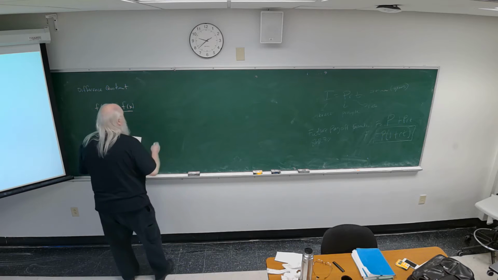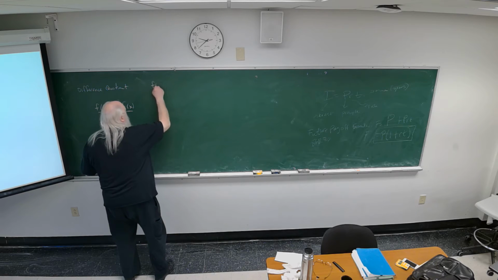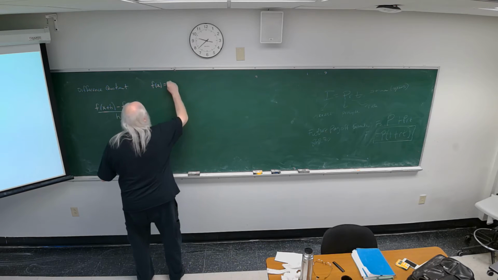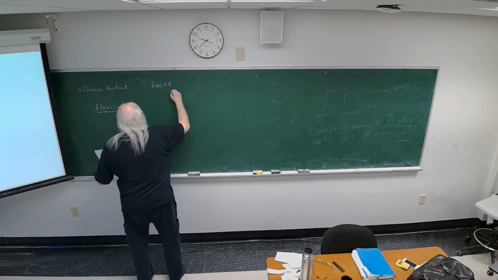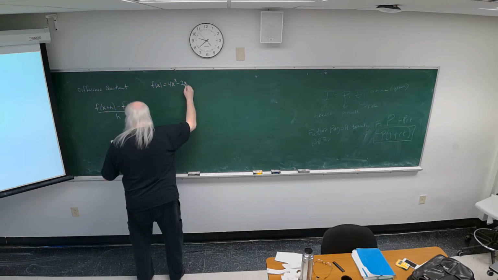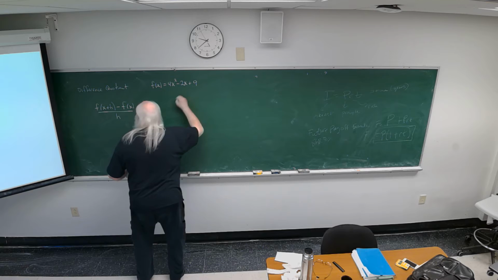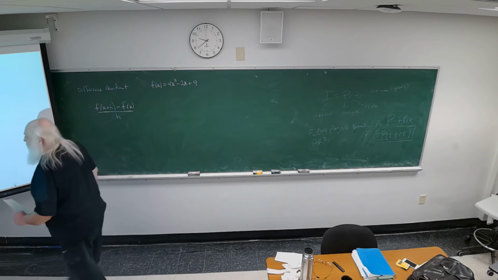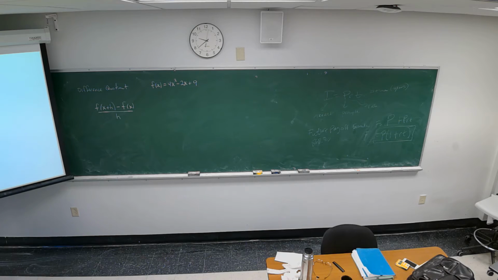So the first function is a quadratic function. f of x is equal to 4x squared minus 2x plus 9. And so we're going to do A, B, and C. There's like 3 steps to computing the difference quotient for a function.